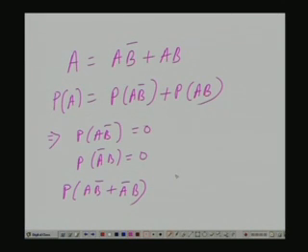A B bar one half, A bar B another half, which is same as this is equal to 0, but both are 0. So, given that condition that P A equal to P B equal to P A B, okay, you prove this, you obtain this, but I will leave it as an exercise for you to show that given this, show that it amounts to P A equal to P B equal to P A B.